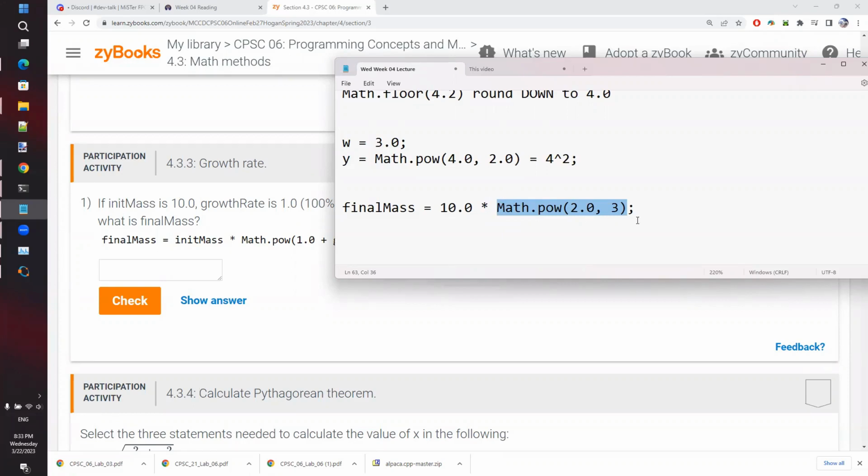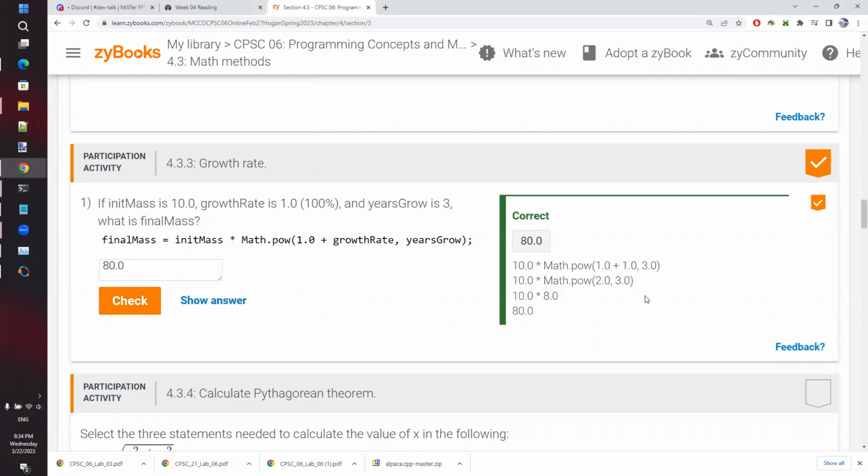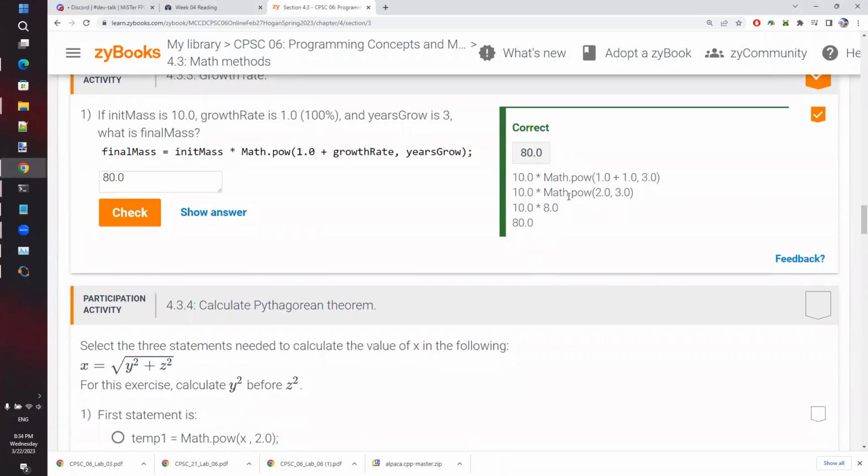So this exponent here, this power, is 8.0. So I'll replace that with 8.0. And then finally, I've got 10 times 8. So 10 times 8 is 80. So the final mass is 80 when it's all done. Okay, and then if you look, they worked it out just exactly the way that I did.